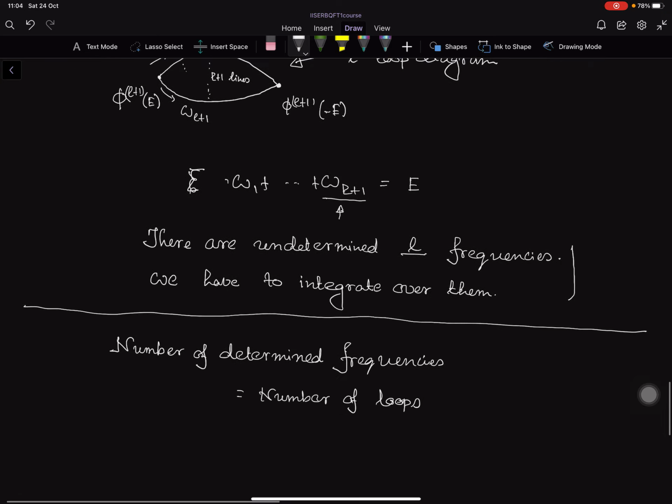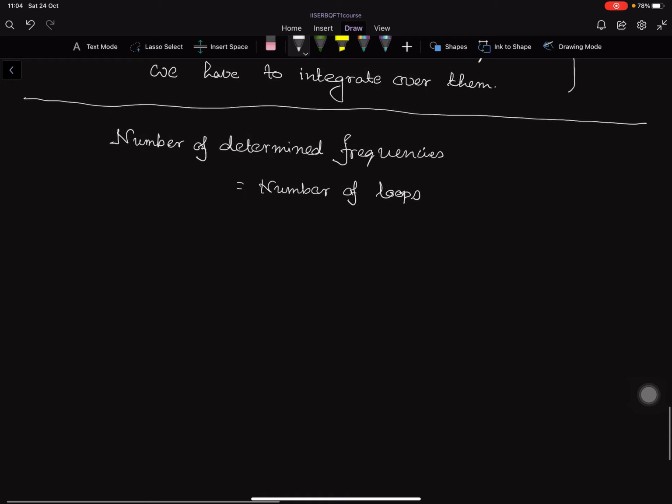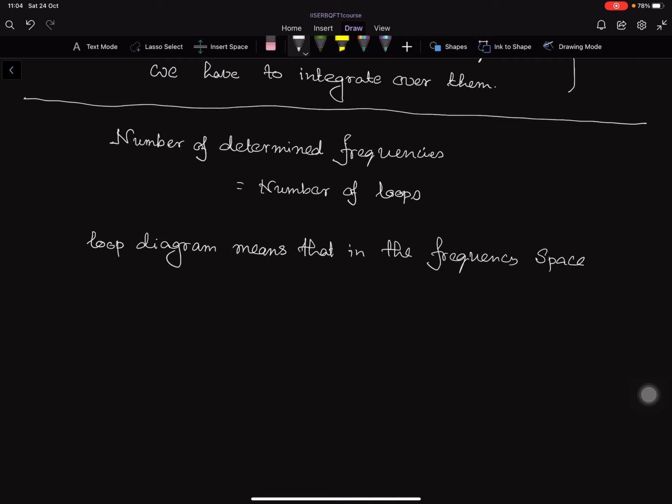This is the concept of loop diagrams. A loop diagram means that in frequency space there are some undetermined frequencies, undetermined in terms of the external frequencies, and we have to integrate over them.